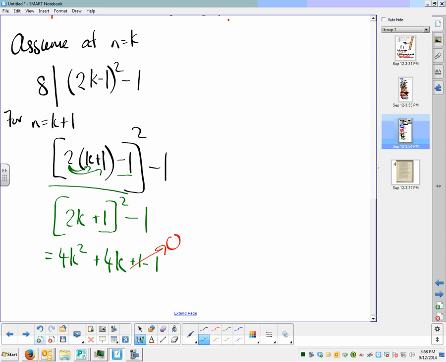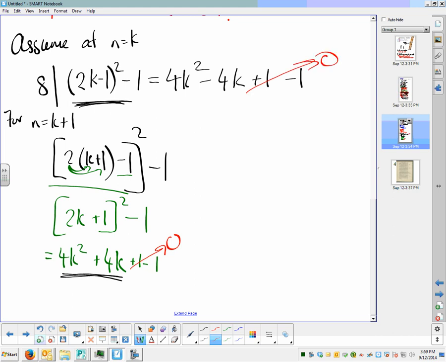Well, this looks quite a lot like this if I expand this out. So let's have a quick look at what that looks like if I expand it out, because we know that 8 divides this line here. So what's that expand to? It expands to 4k squared minus 4k plus 1 minus 1. Again, they go to 0.